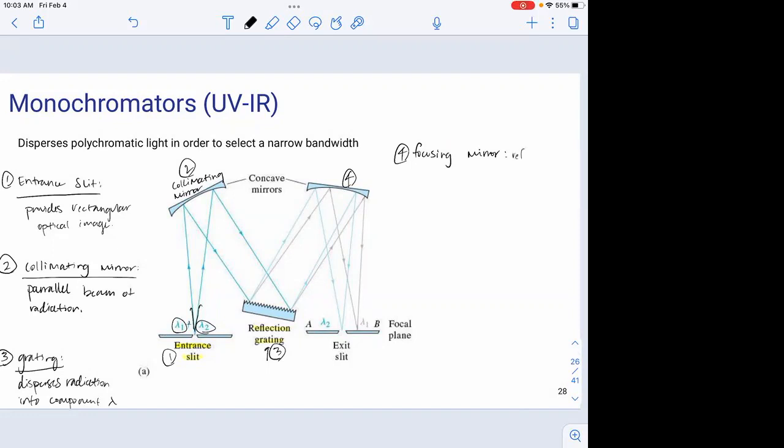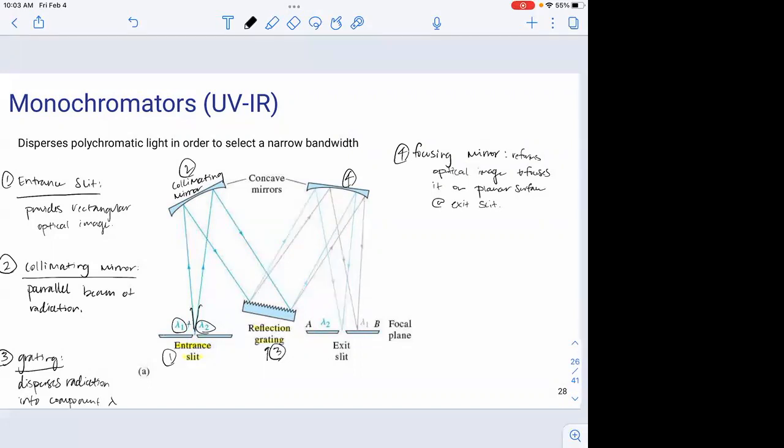So it reforms the optical image and focuses it on the planar surface at the exit, which ideally should be at the focal plane.